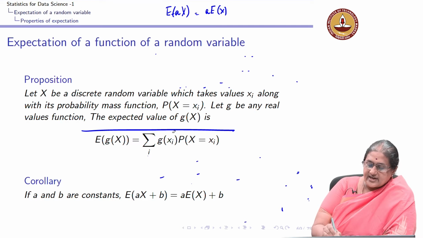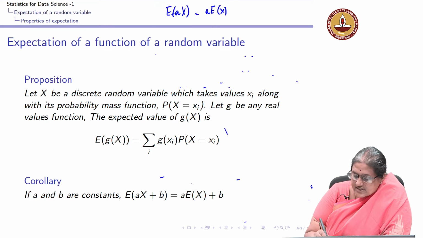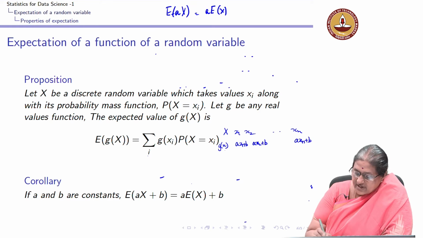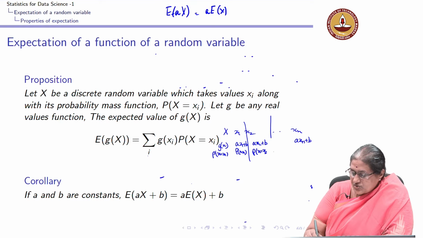So, what do I have? I have my x, which is taking the values x1, x2, xn. My g of x now is going to be ax1 plus b, ax2 plus b, up to axn plus b, with the same probabilities. This is probability x equal to x1, this is going to be probability x equal to x2, this is going to be probability x equal to xn.